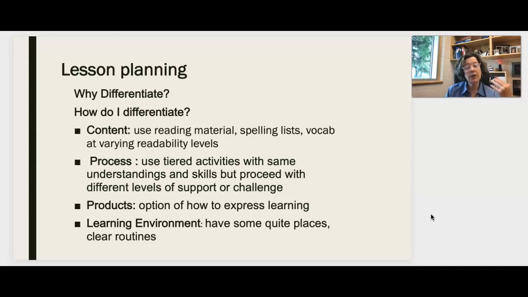So in order to ensure that students are actually learning the content at a differentiated level, you can use different reading materials. There are lots of leveled books that you can use. You can have spelling lists that are different for different students. You can have vocab at varying readability levels.